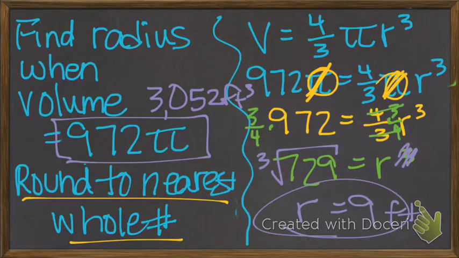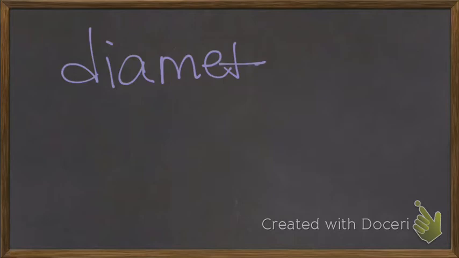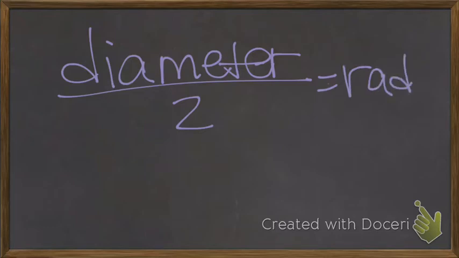So no matter how it's given to you, you write out the formula, you write in what you know, and you solve for your variable, which in this case is radius. The only other trick I want you to look out for is if you are given the diameter. Several problems that you're going to see are going to give you the diameter. You've got to divide that by 2 to get the radius. I think most of you know that by now, but if it helps to write it out, please do that. Good luck.